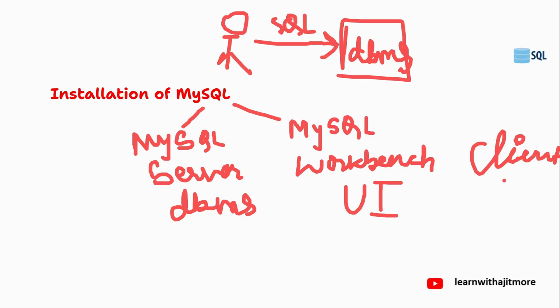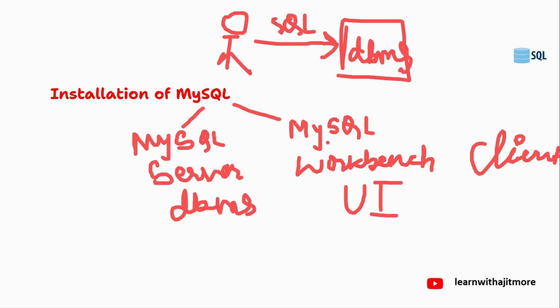But how is the client going to type the query, and how will the client be able to see the result? For administration, if the client wants to see how many databases he has created, how many tables in every database, for that, one software is given to the client, that is MySQL Workbench. And always remember, only installing the server won't do.